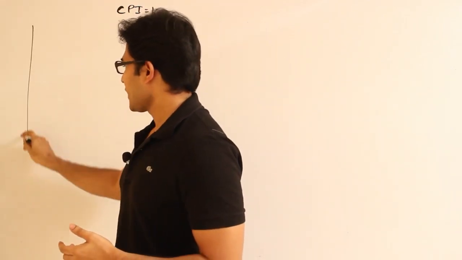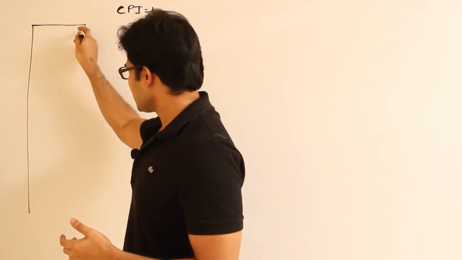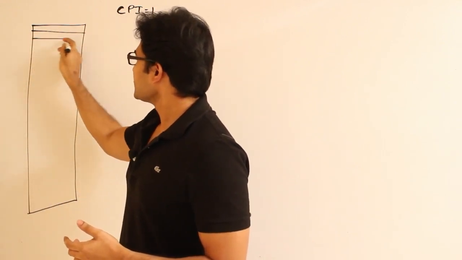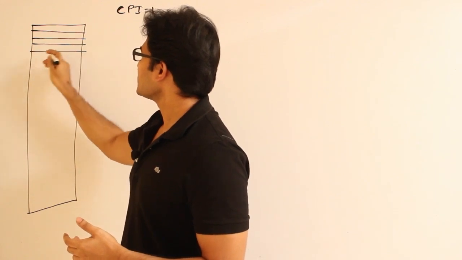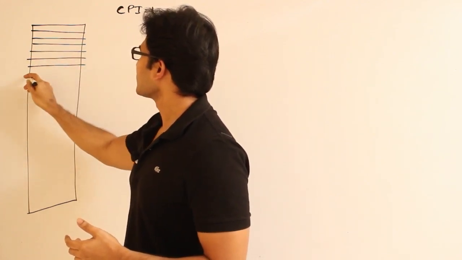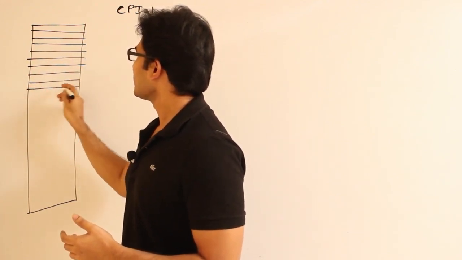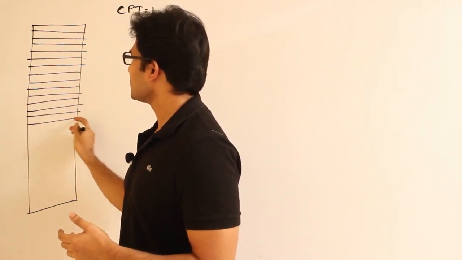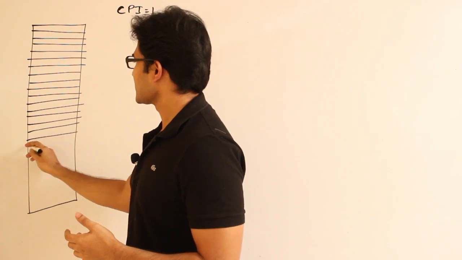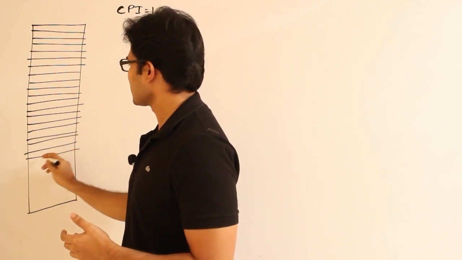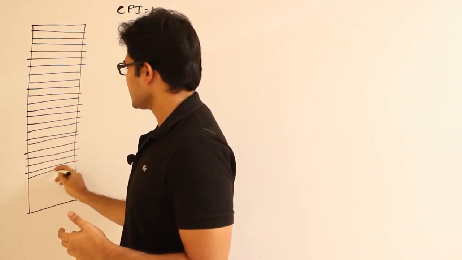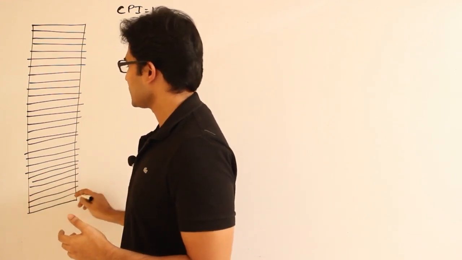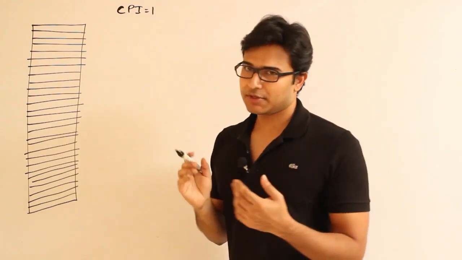Assume that we have a program, and at various points, let us say these are all instructions in the program. The reason I am putting it in a figure is that you will understand it better this way. Say this is a big program with 1000 instructions, and you can assume that every row is an instruction.